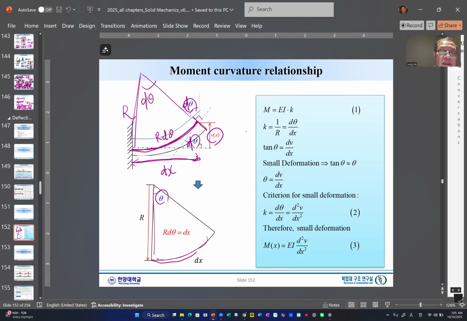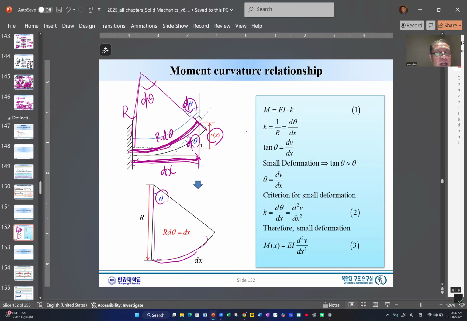This one and this length, strictly speaking, are not the same, right? This obviously looks a little bit longer than this. But in beam theory, we consider the case of a very small deflection.